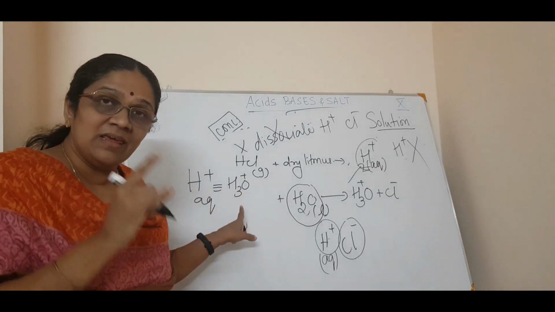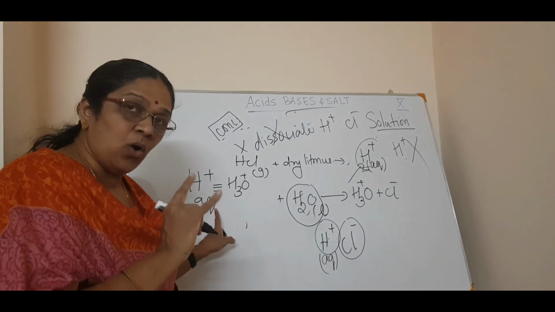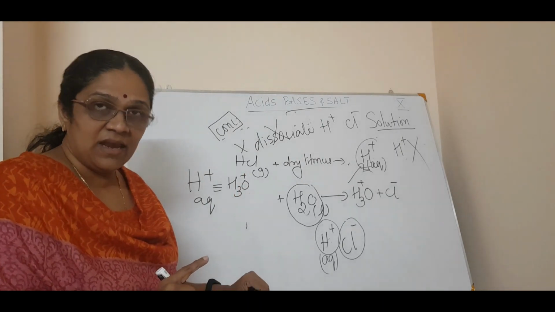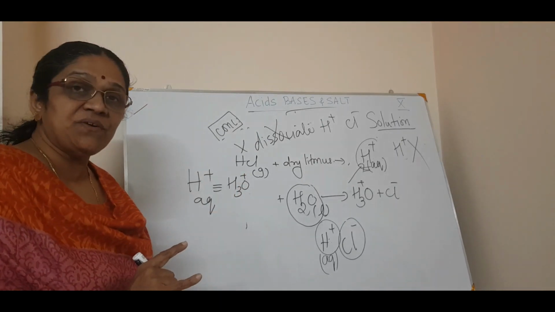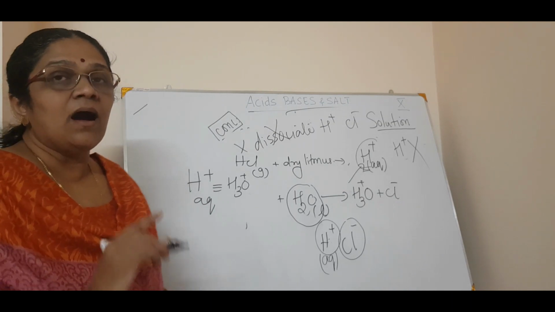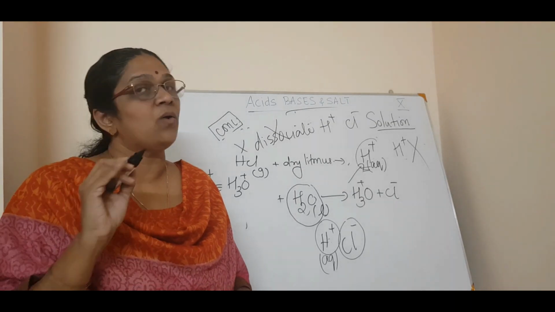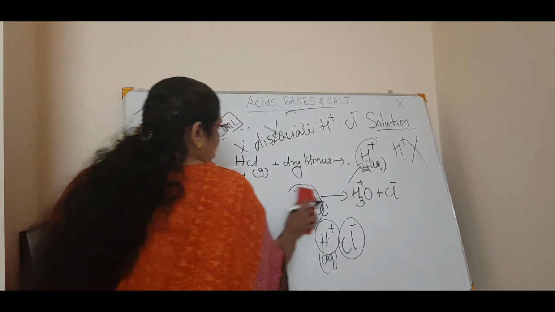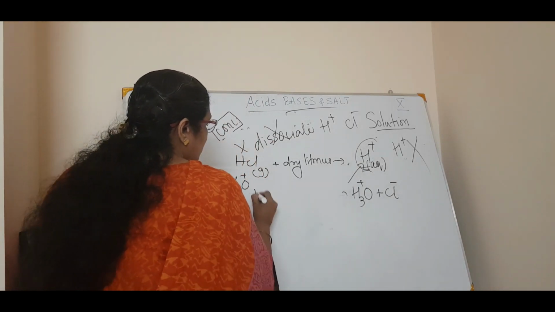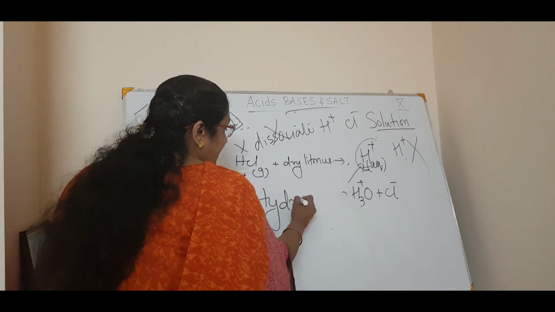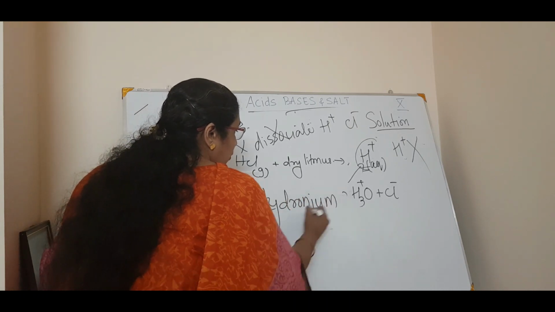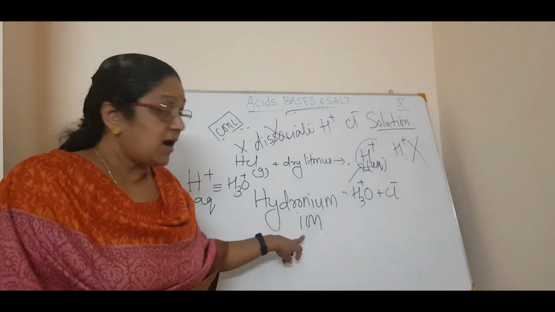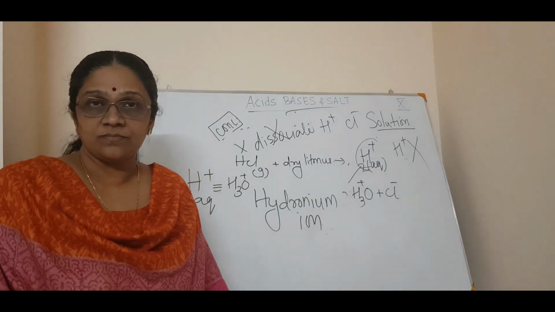You can write either H plus aqueous or H3O positive. Now, what is this H3O positive called? It is called hydronium ion.